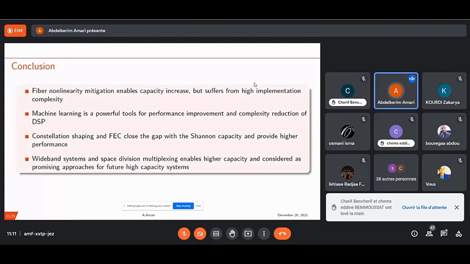We can use two polarizations to double the capacity, and then we can use QAM modulation, I and Q, with high order modulation so that we can increase the spectral efficiency.